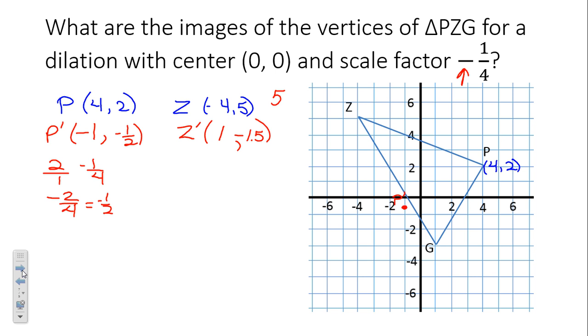Okay. Actually, -1.25. 5 divided by 4 is 1.25. It's not easy, is it? So we're going to go 1 over and then half of a half. So 1 down and half of a half, a fourth, will be down here. And that's our Z prime.